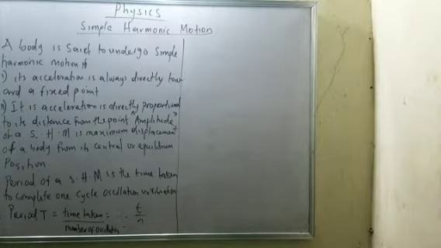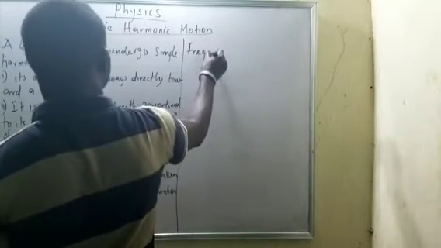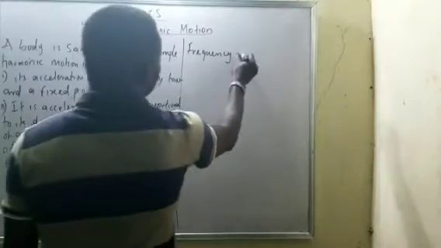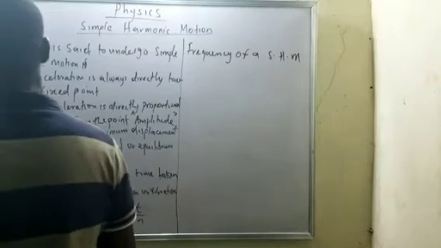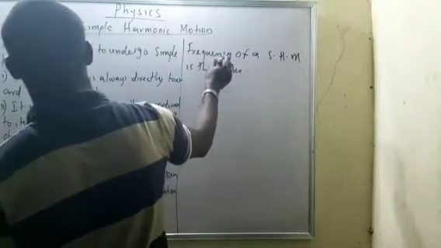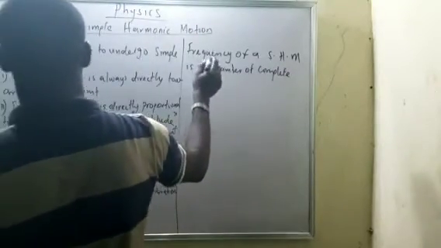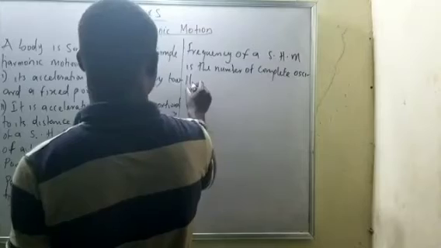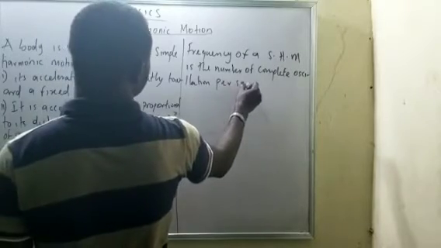The second thing we are to talk about is the frequency. The frequency of a simple harmonic motion is the number of complete oscillations per second.